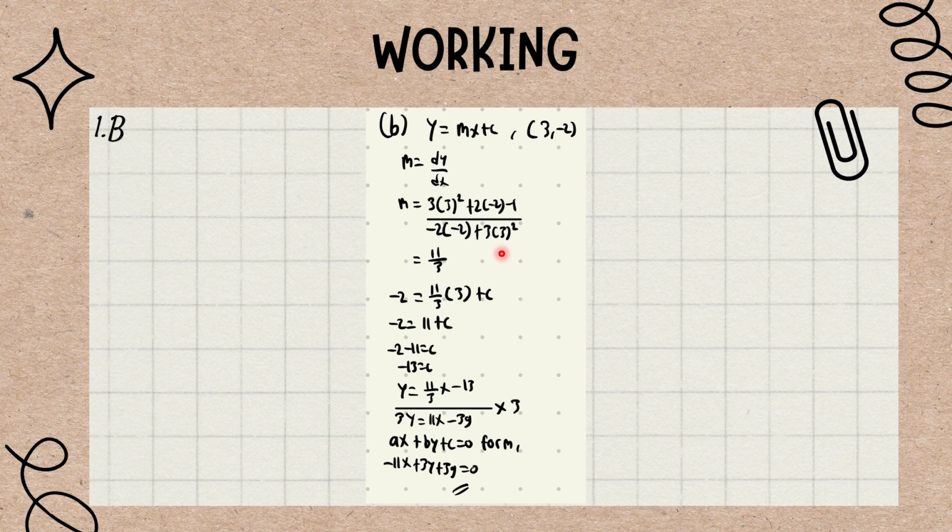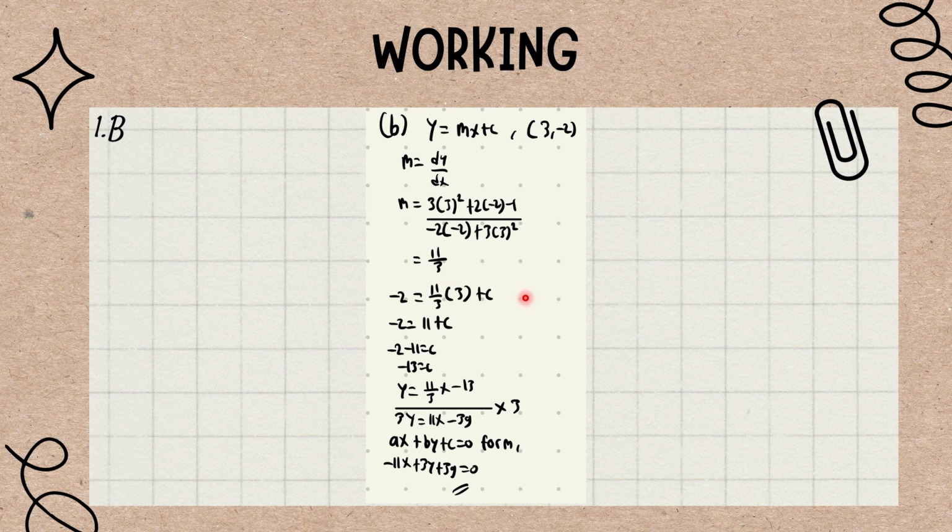We just substitute the numbers into dy over dx for x and y. So the gradient will be 3 times 3 squared plus 2 times negative 2 minus 1, divided by negative 2 times 3 plus 3 times negative 2 squared, which gives the final result 11 over 3.